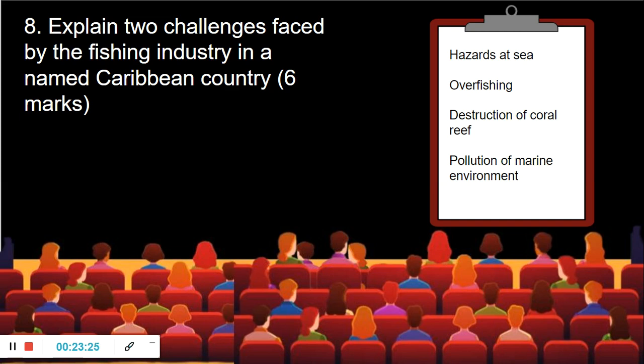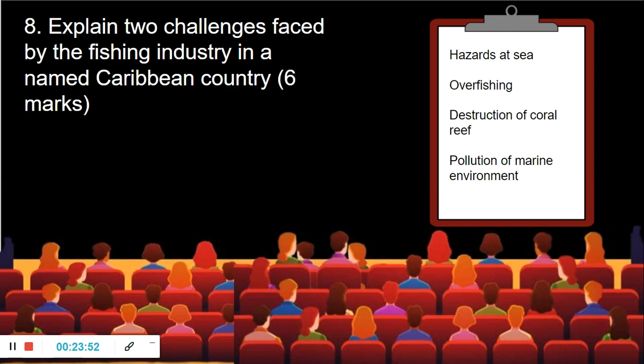All right. Then we have destruction of coral reefs. Certain fishing methods can actually destroy coral reefs, and we know that coral reefs are marine habitats. So when coral reefs are destroyed, you're actually destroying the habitats for certain marine life.